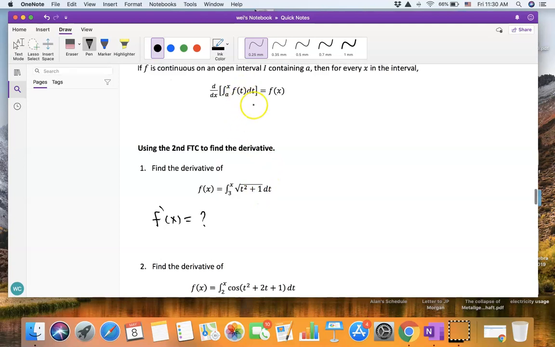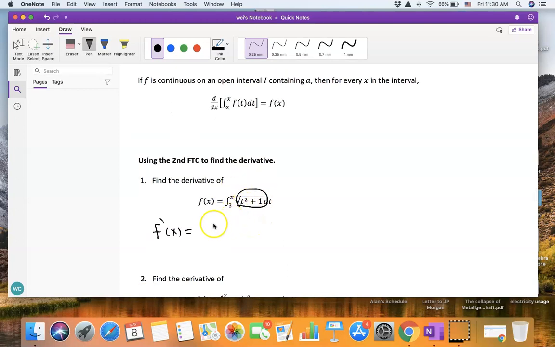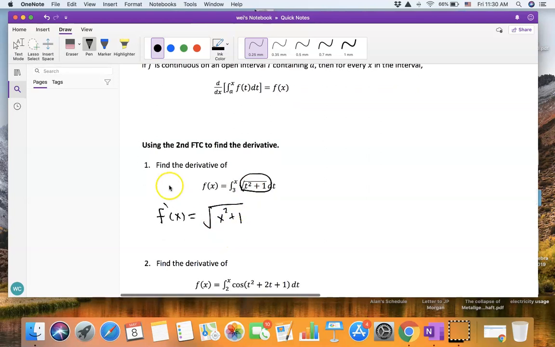So according to this result, the derivative of this accumulation function will be equal to this function with the x plugged in. So that will be the square root of, we just change t into x, x squared plus 1. So the derivative F'(x) equals the square root of x squared plus 1.